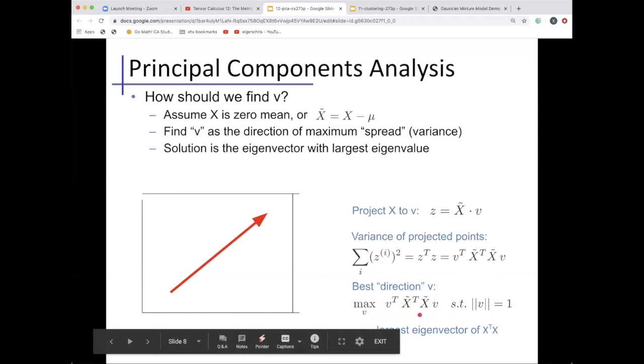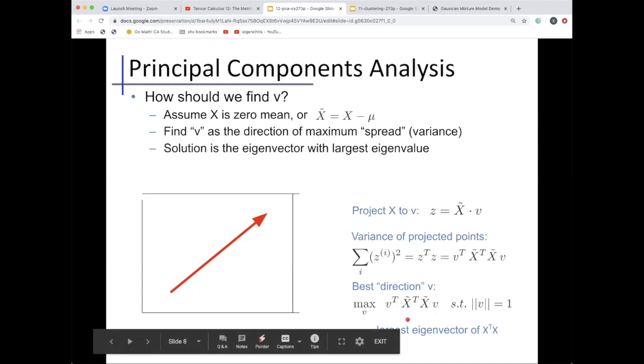So how do you do that? If you look at X transpose X here, what is it? This is simply the covariance matrix of your data set, up to a scale. You have to do X transpose X divided by M, and that's the covariance matrix. Right now I didn't divide by M, but loosely speaking, it's a covariance matrix.